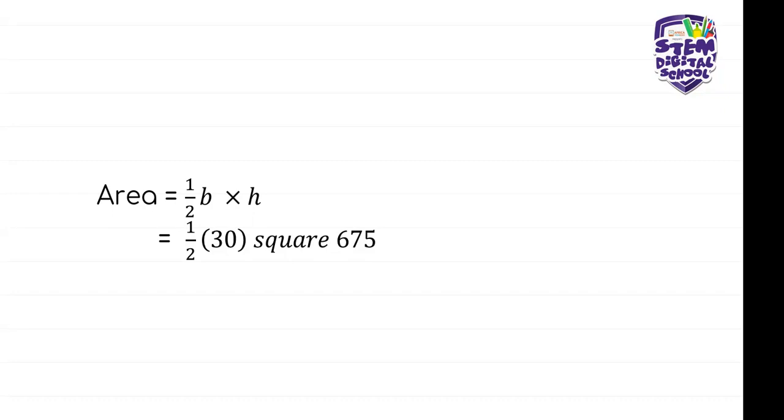So the missing side is the square root of 675. Thereafter you multiply the square root of 675 by half of the base, and the final answer will be 195. So your area will be 195 square centimeters.